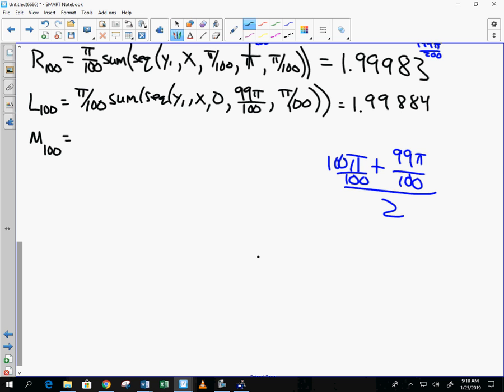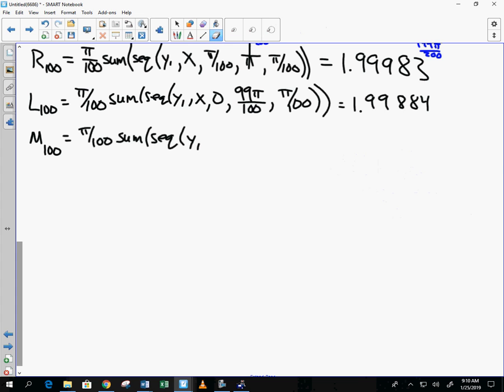So let's write out what we're going to enter. We enter pi over 100 times the sum of the sequence of y1, comma, x, comma, pi over 200, comma, 99 pi over 200, comma, what's my width?